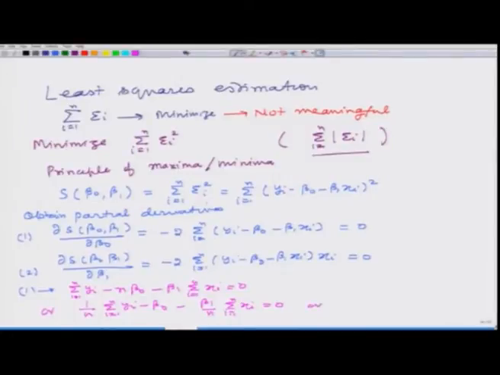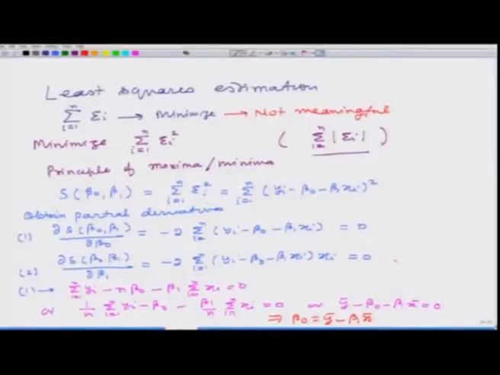Or I can write y bar minus beta 0 minus beta 1 x bar equal to 0. Okay. So, solving this, this gives me that beta 0 is equal to y bar minus beta 1 x bar. But this beta 0 can be known to us provided beta 1 is known to us, but up to now we do not know beta 1. So, now I try to solve equation number 2 and let us see what we obtain.